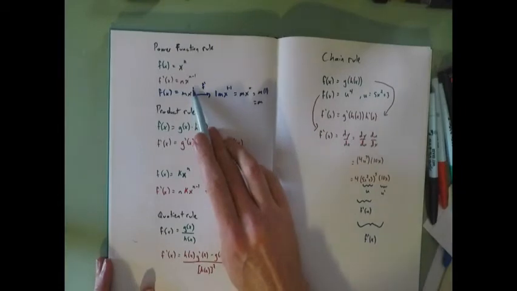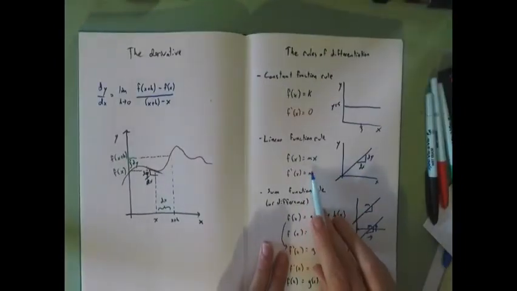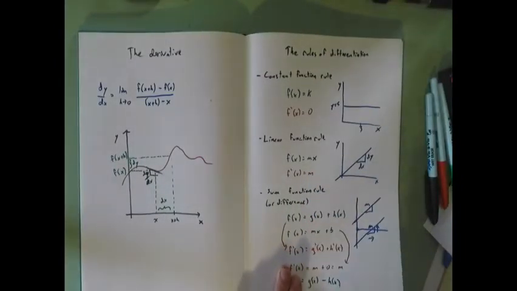So when we're using a power of 1, the power function rule is consistent with our linear function rule where we just get our slope coefficient back.